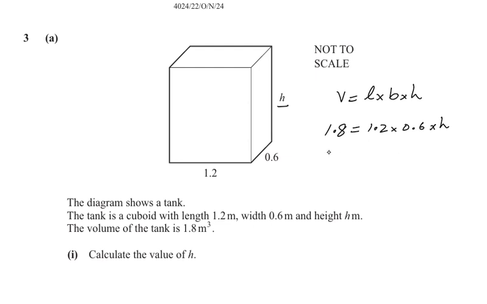Solving this, h equals 1.8 divided by 1.2 multiplied by 0.6, which gives 2.5. The volume is in meters cube, so height is in meters.